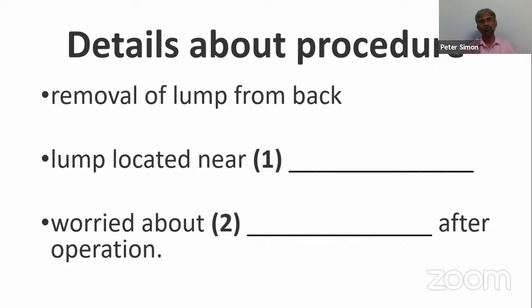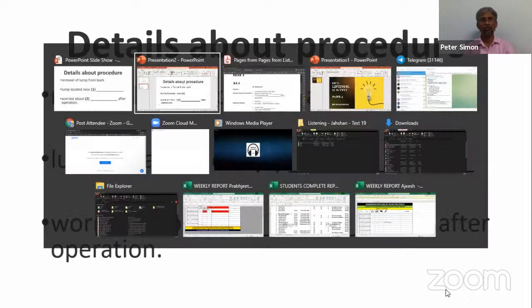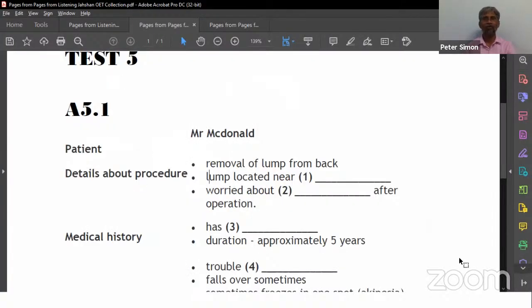First and foremost, see where the question is. So that sentence you have to focus on. No need to focus on everything. So number one is in the second sentence. Lump located near. So here, near is very important.